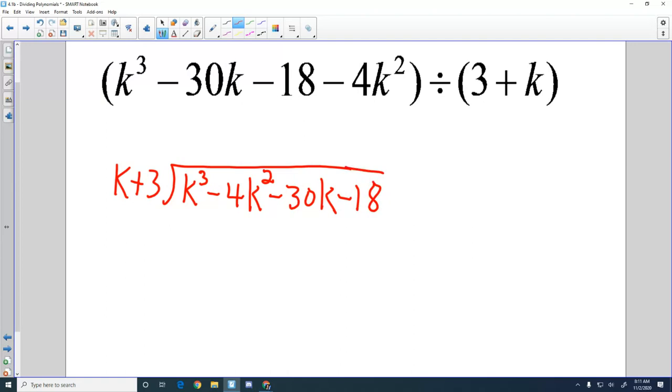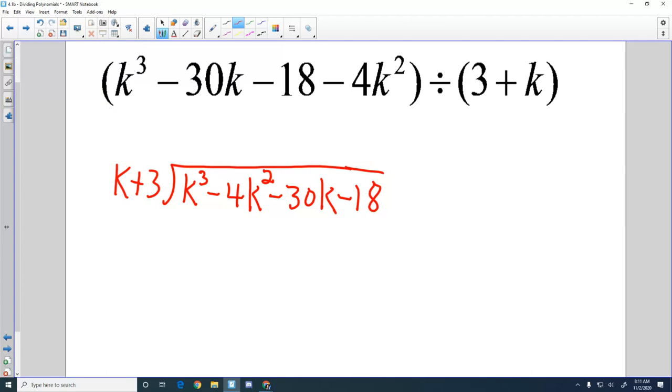So just double check that your setup looks like mine up on the board, that both of those polynomials are in standard form. And then keep on going with that process.